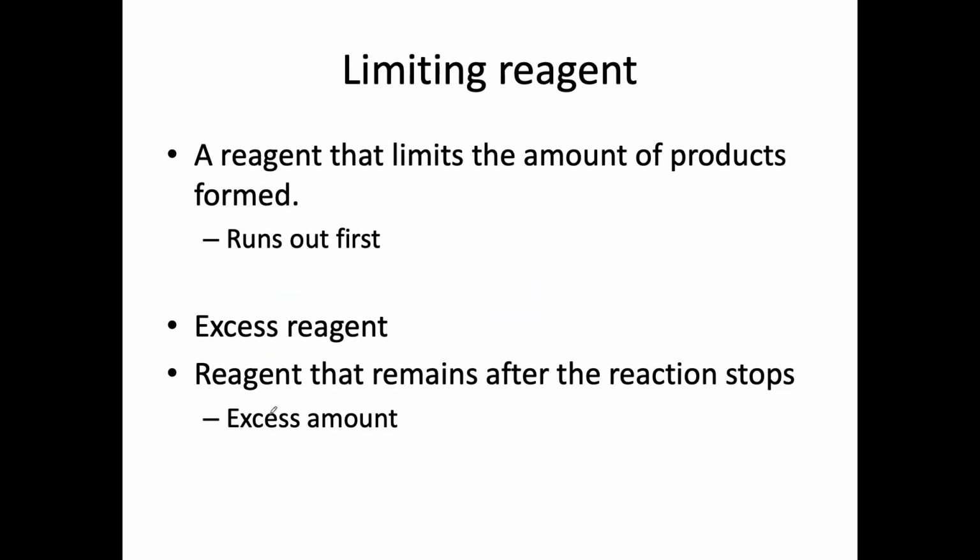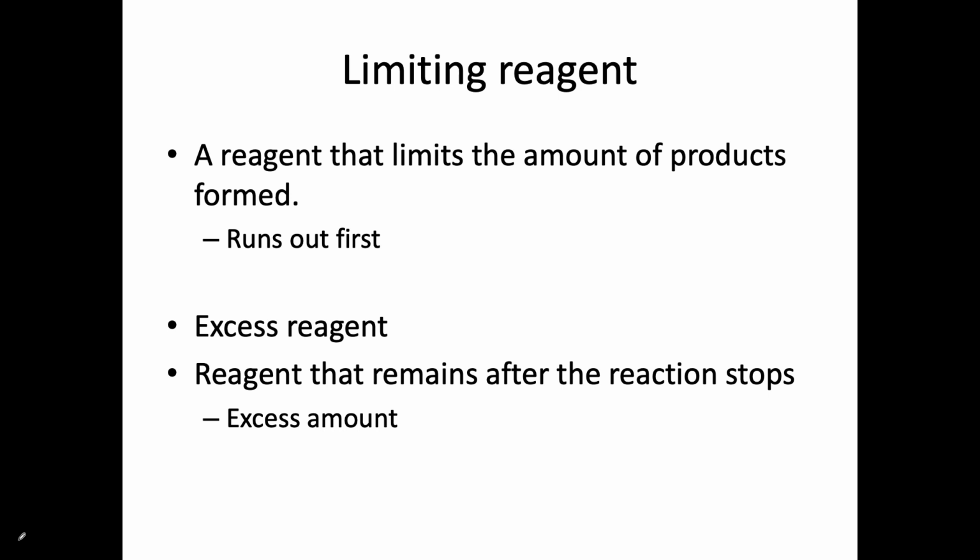Now, when we look at limiting reagents, we're looking at which reagent or which reactant runs out first. That goes to zero. And when that goes to zero, the reaction stops. It can't go on any further. And so with the limiting reagent process problems, we're looking for how much reagent limits the reactants.